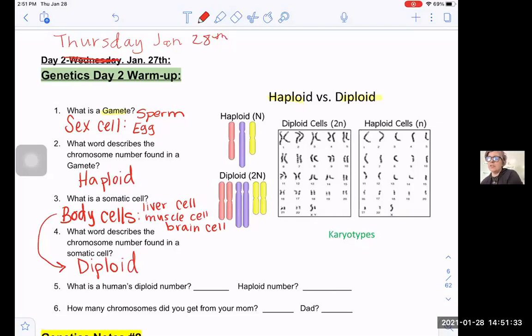Faith, that's a few too many, 96. It's 46. So we have 23 pairs, one from mom, one from dad, for a total of 46. So our haploid number is 23. So we find 23 chromosomes in sperm, 23 chromosomes in eggs.